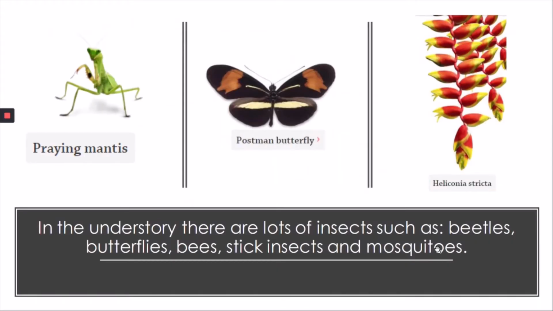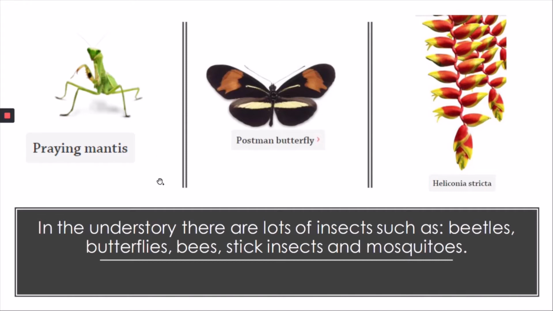First, in the understory, there are lots of insects such as beetles, butterflies, bees, stick insects, and mosquitoes, okay? So at this layer, we can see many insects because they are much more protected. If they are at the top, they can be eaten by birds and other animals.